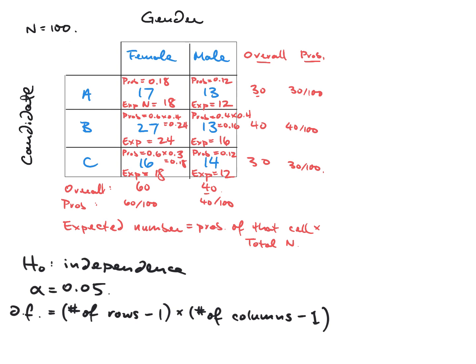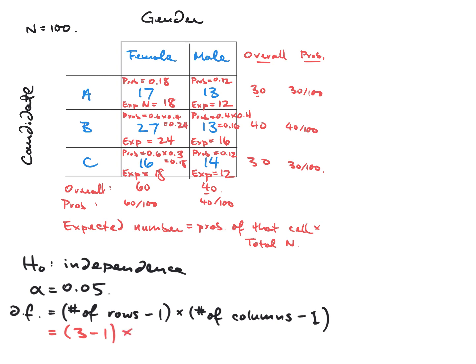So the rule for calculating the degrees of freedom, number of rows, that's like the number of different candidate preferences. So in this case, we have 3 rows, 3 minus 1, times number of columns.